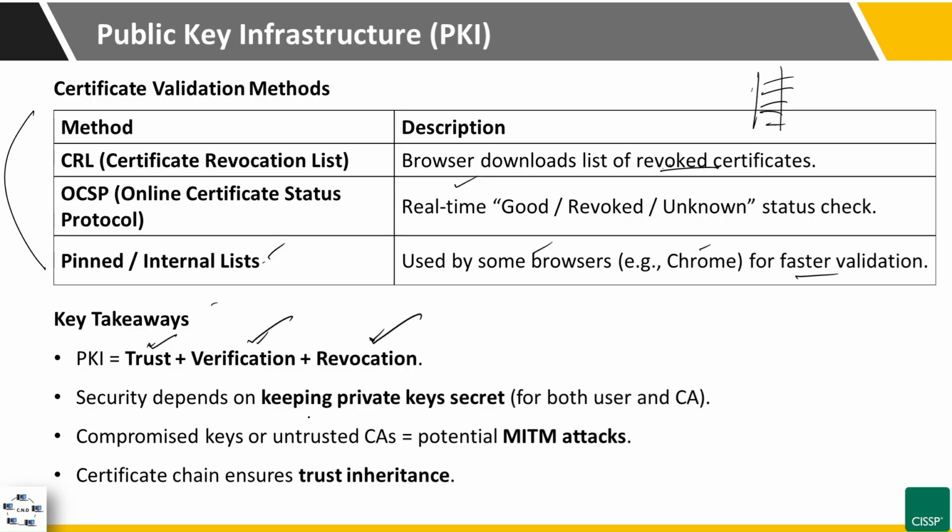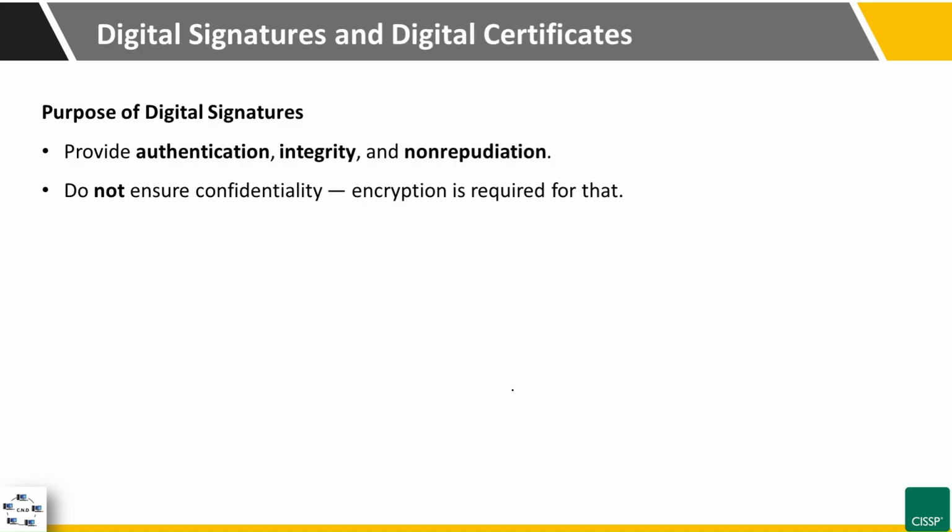Security depends on keeping private keys secret, for both the user as well as the CA. Compromised keys and untrusted CAs are potential for man-in-the-middle attacks. So certificate checks ensure the trust inheritance.